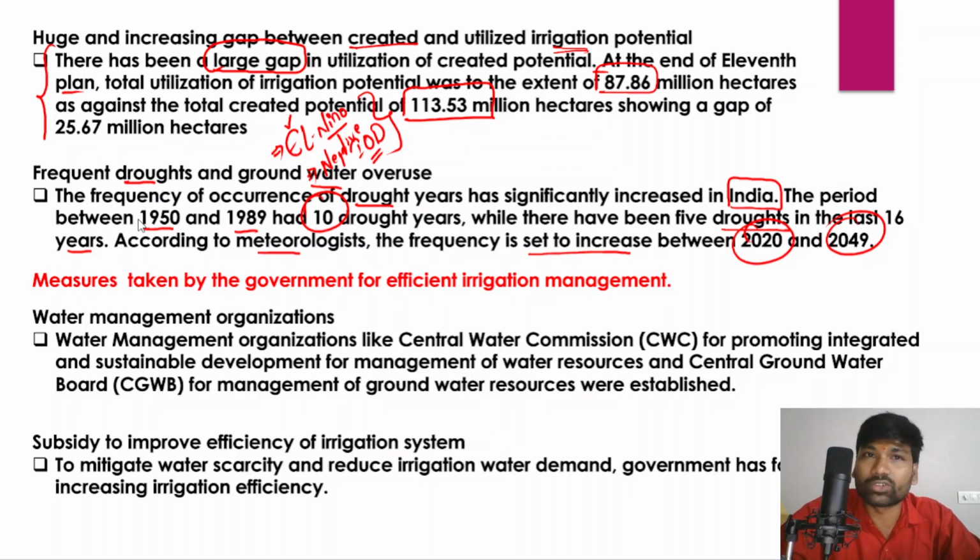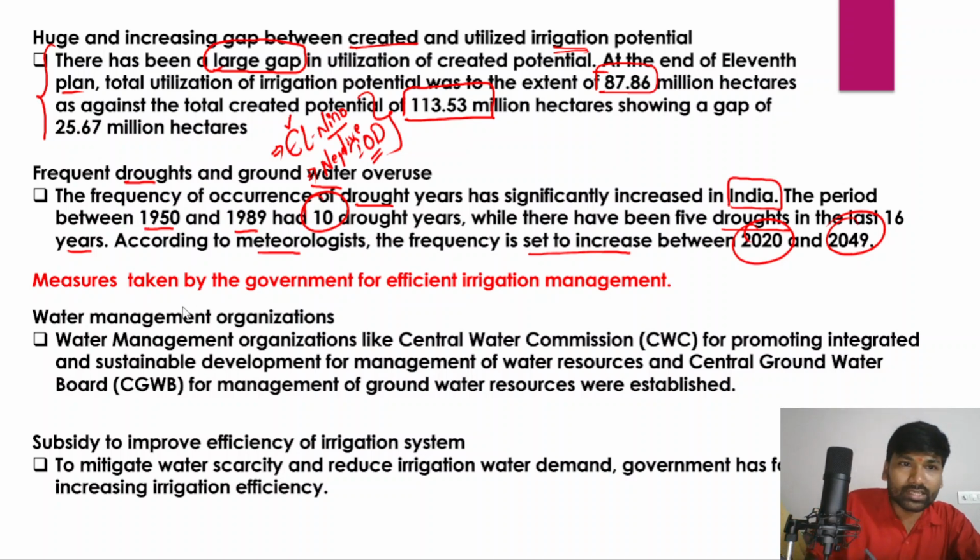Almost 80% of the farmers are small and marginal farmers with small landholdings, and it is not economically viable for farmers to transform themselves towards micro irrigation practices. So these are all the challenges which have been making the Indian irrigation system less water efficient. However, the government has undertaken certain measures to make sure that water use efficiency is achieved.